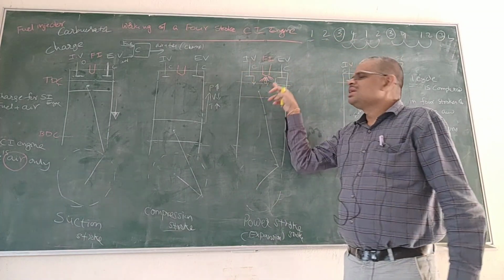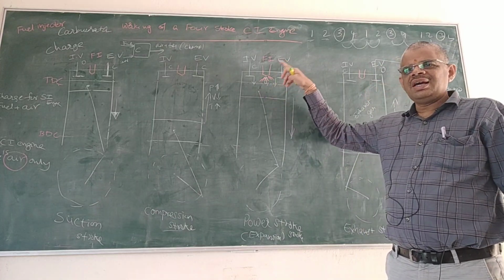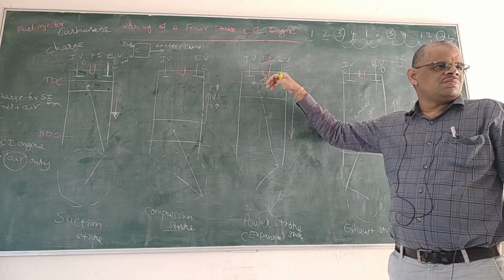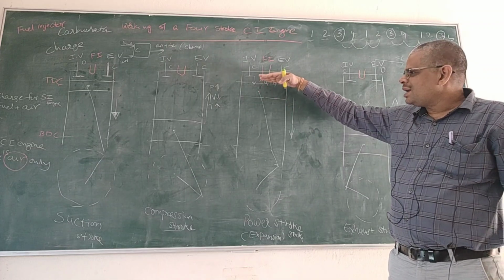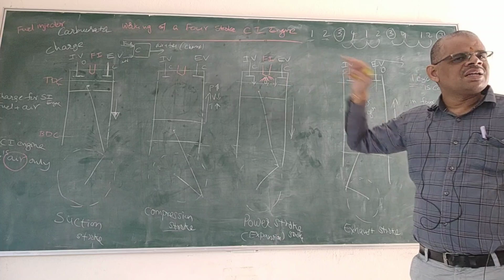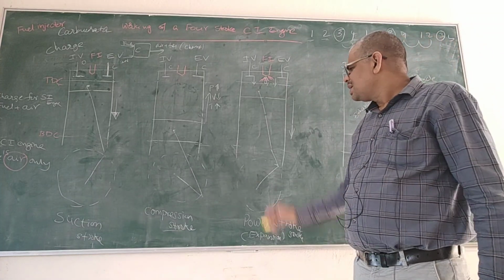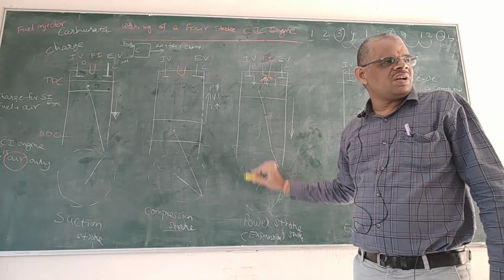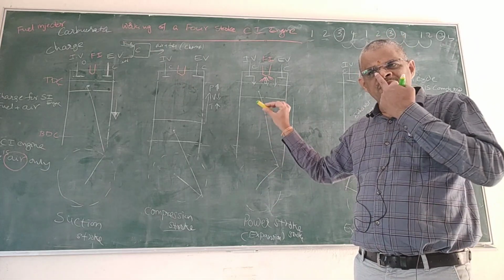Right? As the combustion takes place, the fuel is continuously sprayed. This is used to continue the combustion, and the piston will move downwards because of the pressure exerted by the gases. And again the piston will reach TDC. Here the power is generated, that's why it is called the power stroke or expansion stroke.